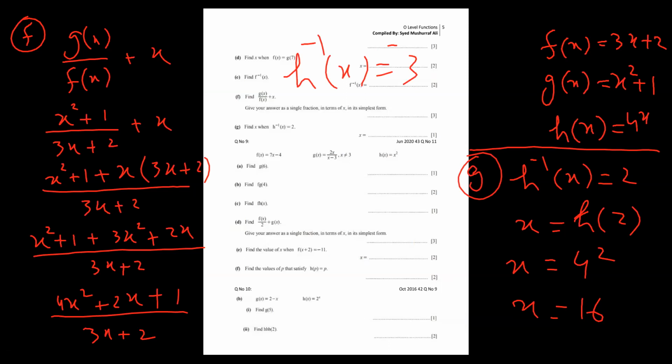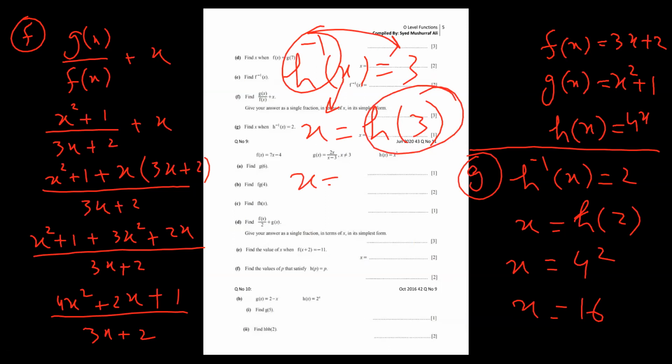So first of all, you will bring this h inverse to the other end. So x will stay here, and when h inverse goes there, the inverse will automatically go away. And now what is the meaning of this? You know that, put 3 in h. And how to deal with 3 in h? I do rough work. H of x is what? 4 to the power x.